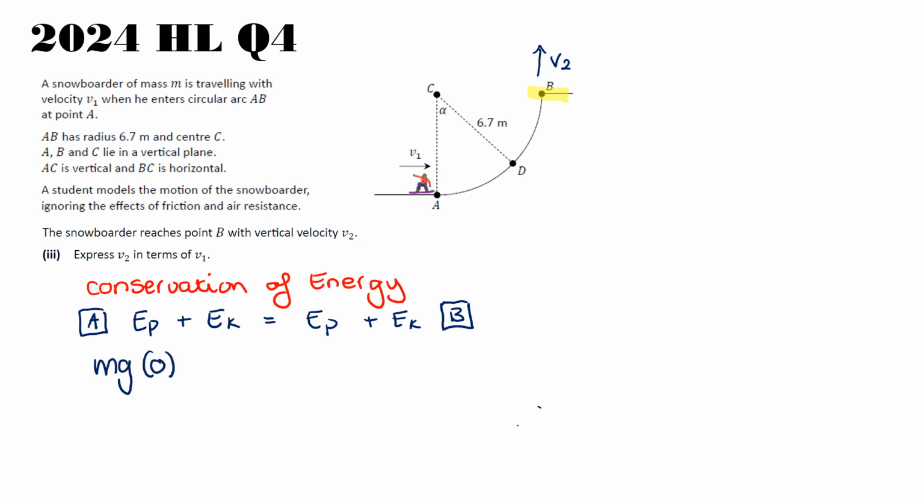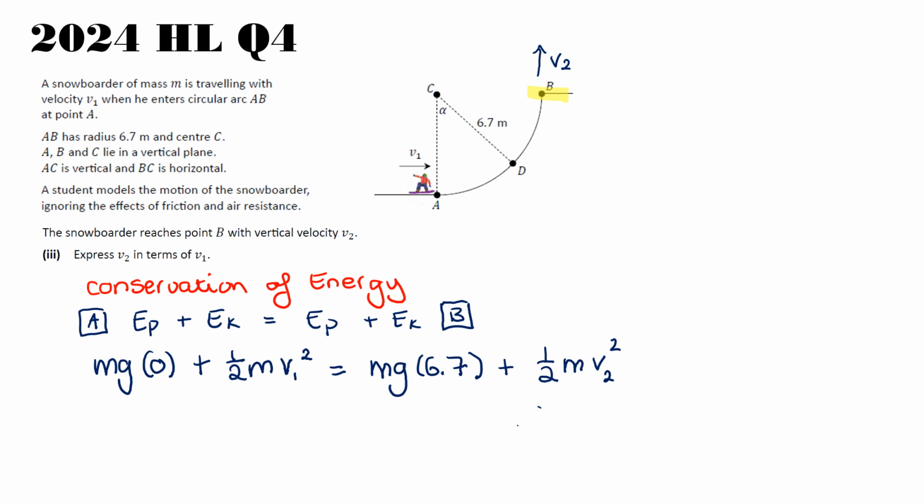It's at the lowest point it can have. And then we have a half v1 squared. We have the potential at B, which is mg, and the height is going to be 6.7. It's just that vertical height, plus a half v2 squared.